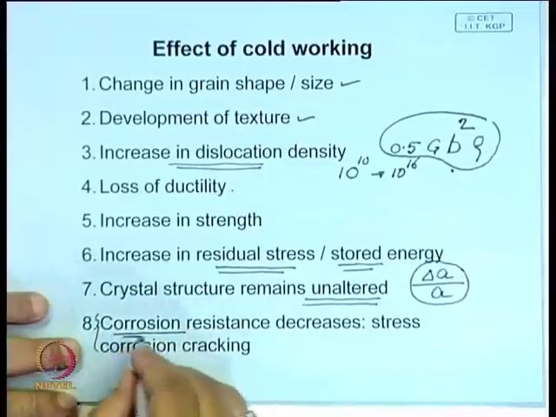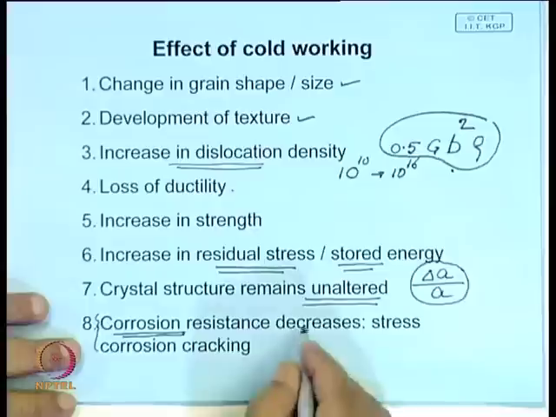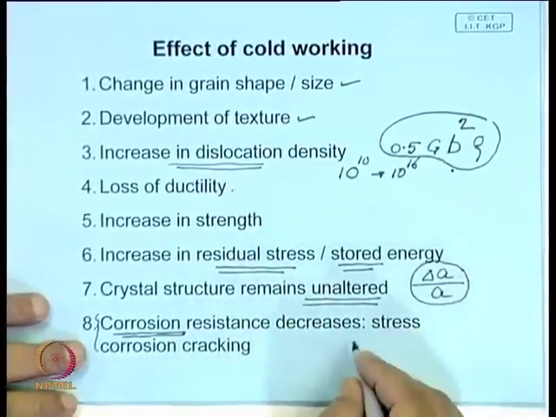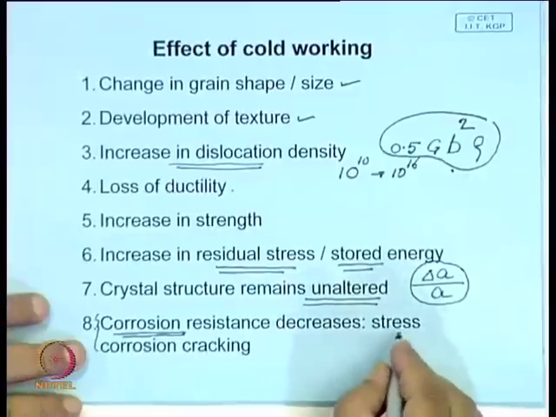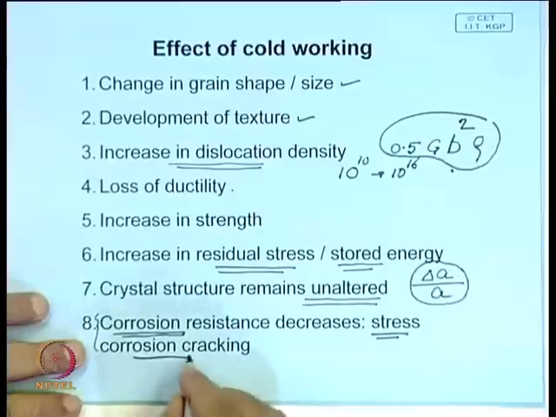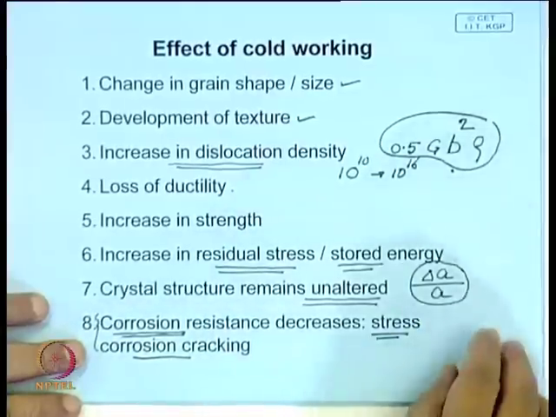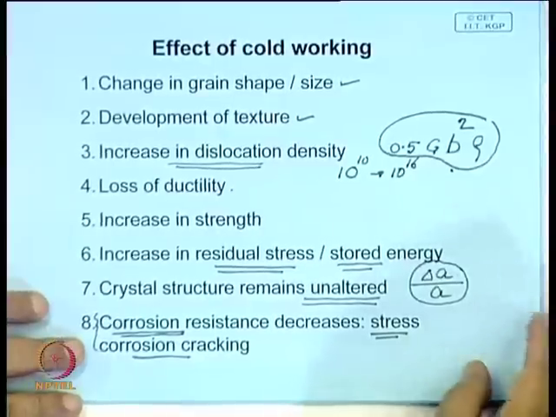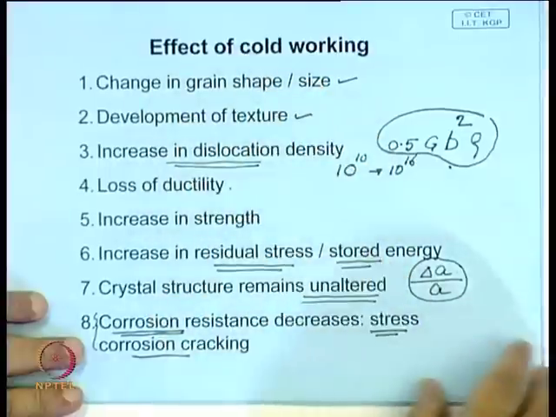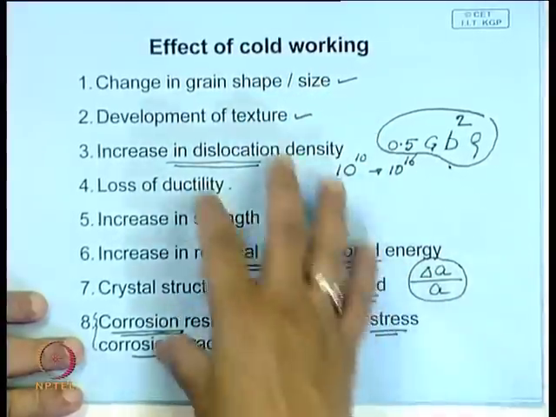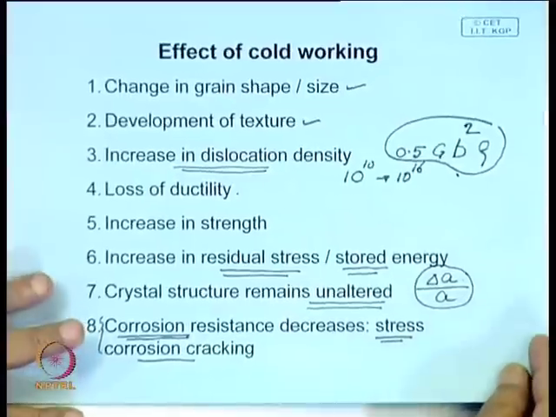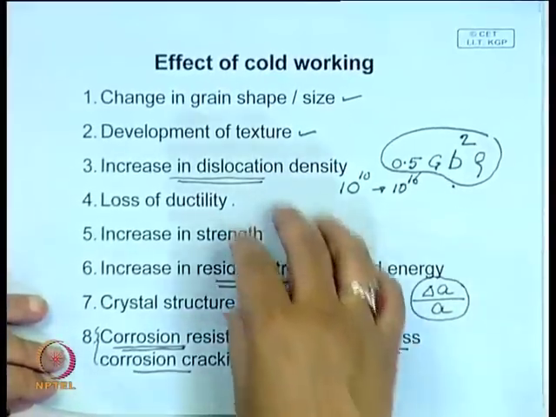Therefore, its reactivity with the environment may increase, so its corrosion resistance usually decreases, and some materials, because of the presence of residual stress, are susceptible to stress corrosion cracking. So, sometimes the cold work material may not be used in the cold work condition, and it will be given a treatment called annealing, which we will know about a little later.